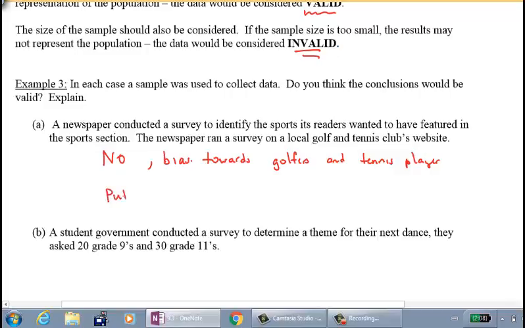Well, maybe they should put the survey on different sport websites, or even just put it in a newspaper. But of course, a general newspaper, not one that just caters to people who like golf, for instance.